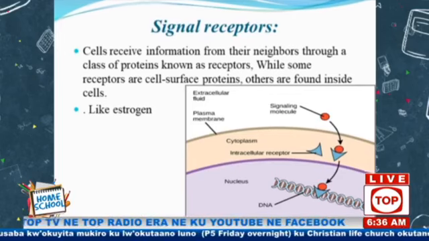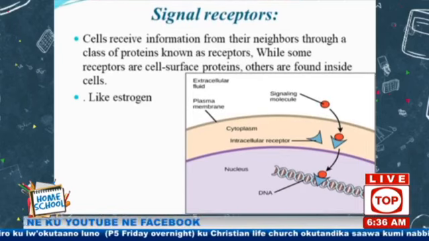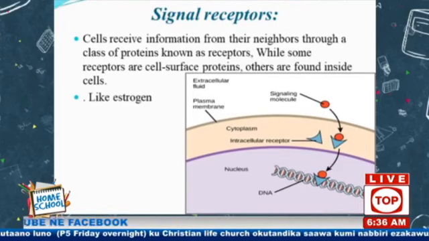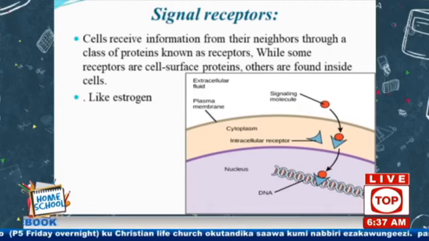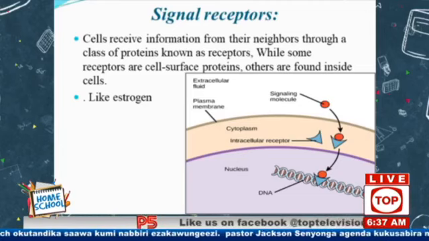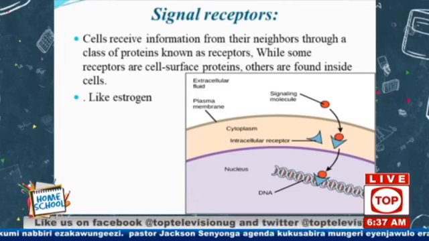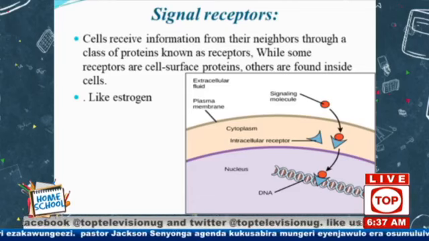For an intracellular receptor, the signaling molecule must be able to go through the cell membrane. A good example of this molecule is estrogen. Estrogen has the ability because it is small and hydrophobic. Note those words.